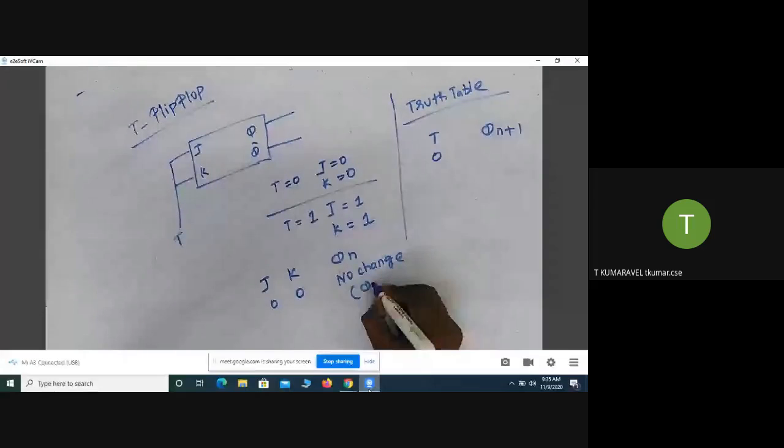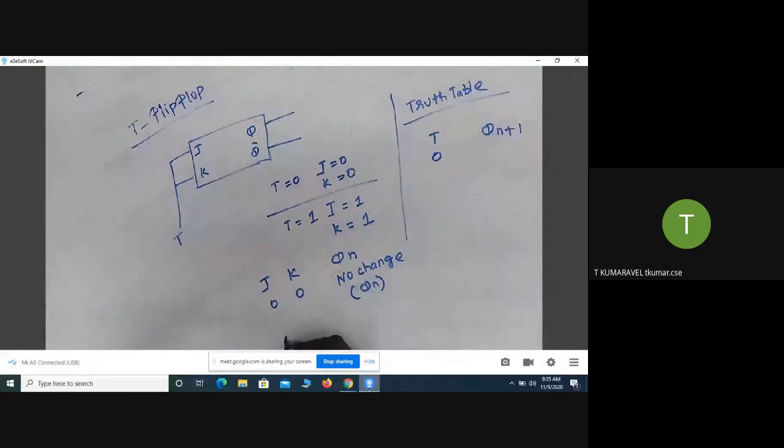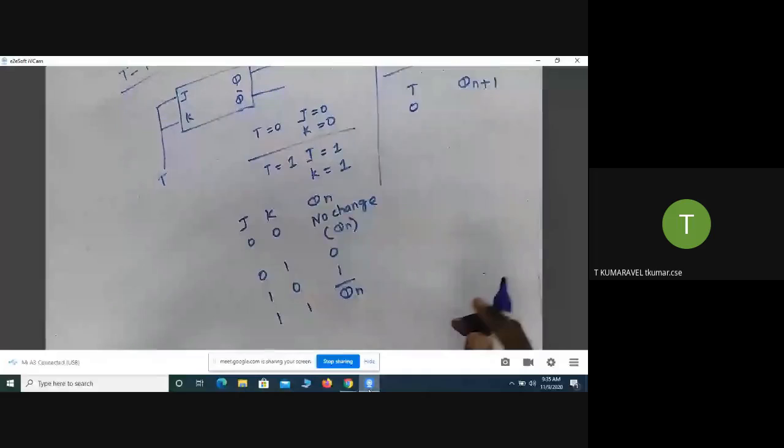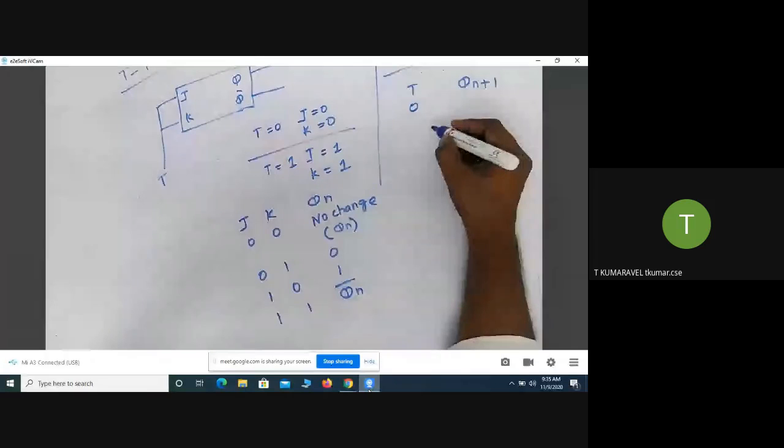What is the next one? 0, 1 means the output is reset. 1, 0 means set. 1, 1 means complement. We have just seen the JK flip-flop, so based on that you should fill up the truth table.